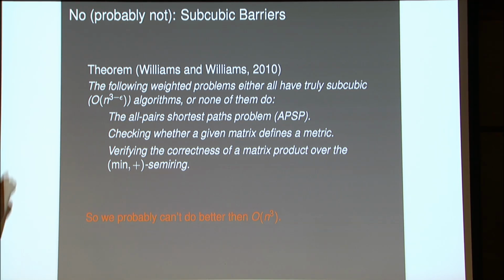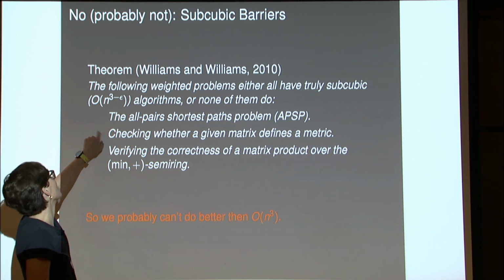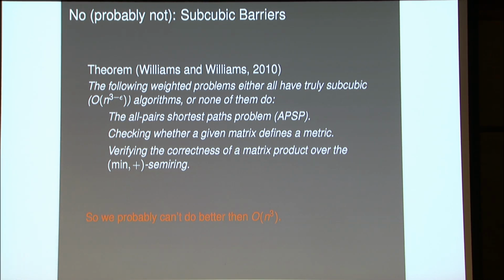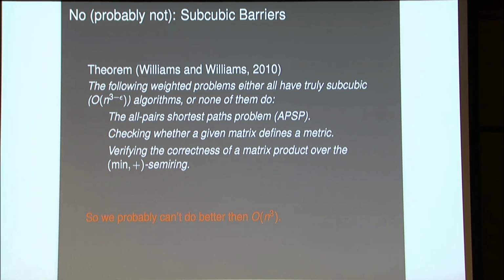So Williams and Williams in 2010 said all of the following problems either all have truly subcubic algorithms or none of them do. In the middle of this list is checking whether or not a given matrix defines a metric. What's cute is that this all pairs shortest path problem should give us a clue as to the combinatorial nature of part of this problem.